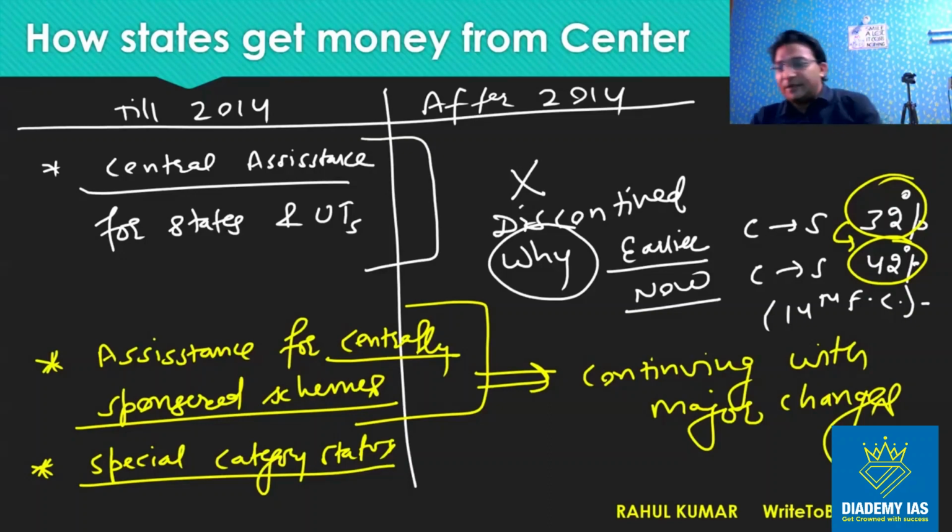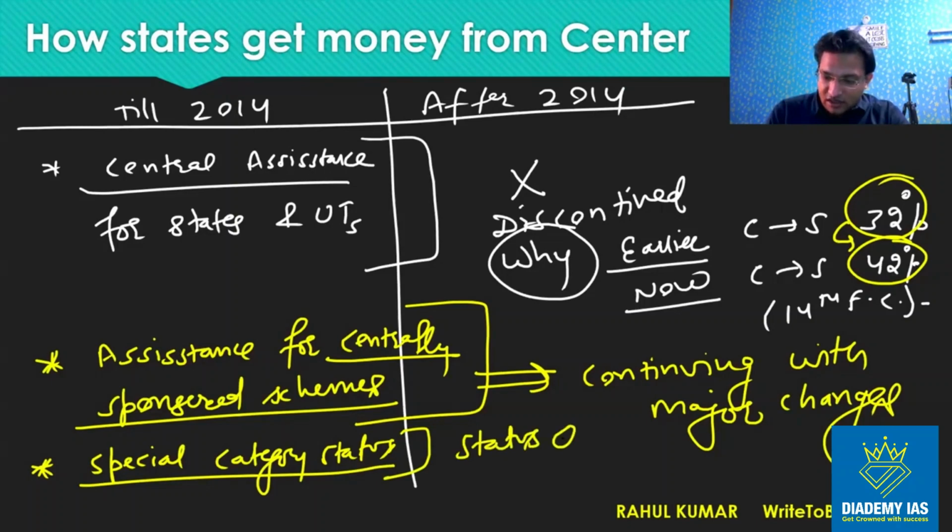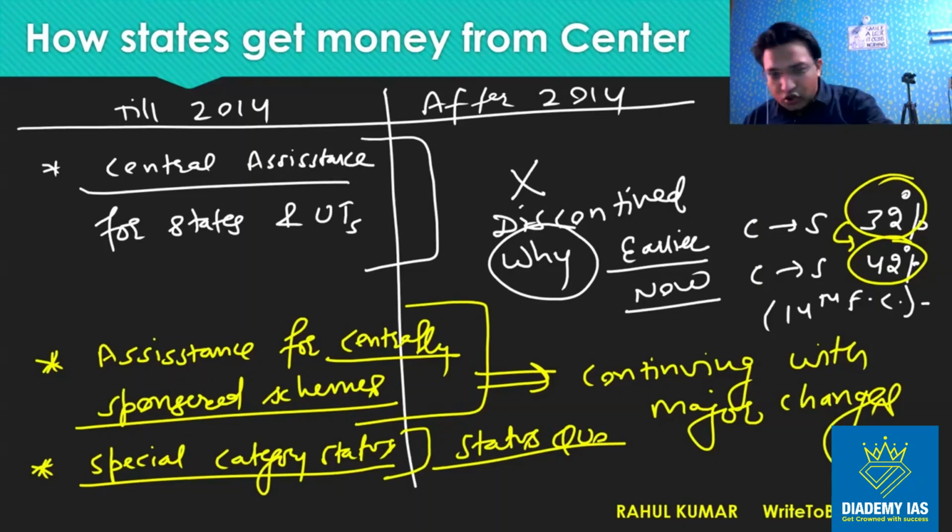So especially special category status was given earlier. Now this special category status has been continued, but with status quo. Status quo means those states which got the status of special category, they will continue, but the concept of special category status has been discontinued for the future. तो upcoming future time के लिए ये concept हमने खत्म कर दिया है.